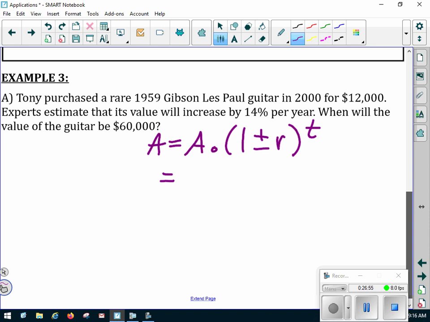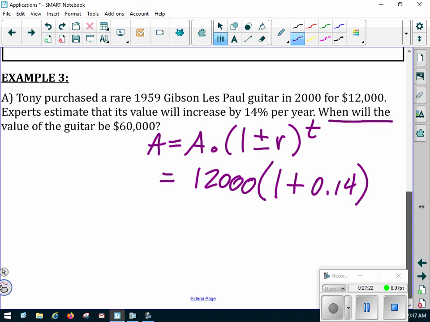That's what he bought it for: 12,000 times 1. Now, am I going to use plus or minus? Plus, because the guitar is supposed to increase in value. How do I write 14% as a decimal? 0.14. Because when will the value of the guitar, so I'm looking for time.